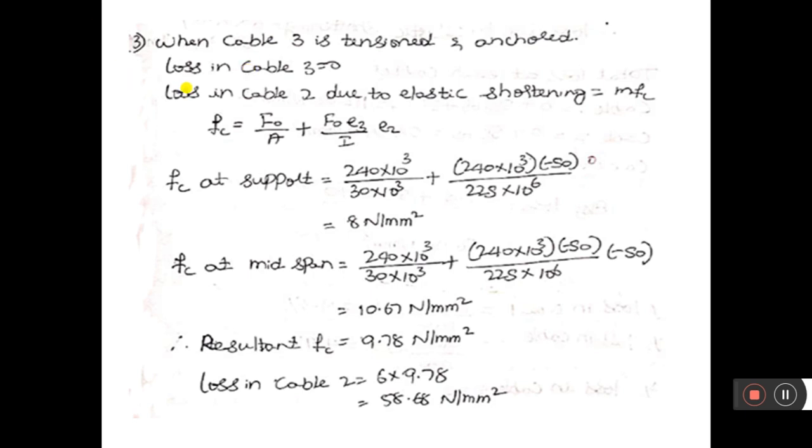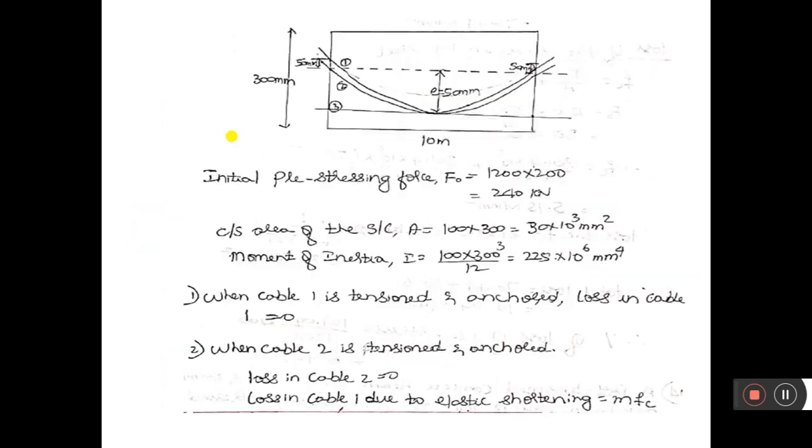What is the loss of prestress in cable 2 due to elastic shortening? That is m into Fc. Here also, when I consider cable 2 and 3, cable 3 is being pulled and anchored. Due to this there is a loss in cable 2. So now we are considering the loss in cable 2 due to the pull of cable 3.